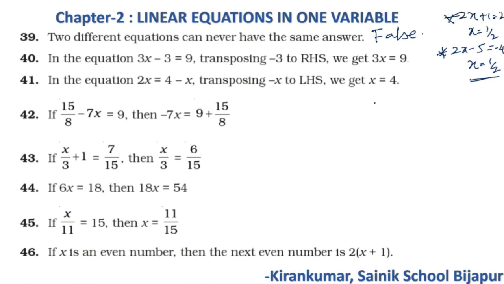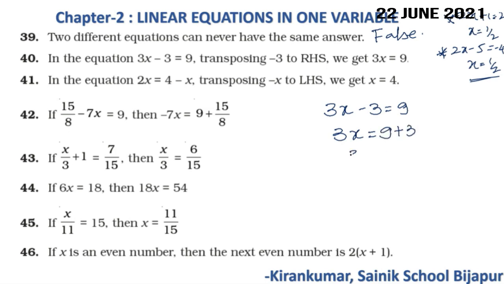Question number 40. In the equation 3x minus 3 is equal to 9, transposing negative 3 to the right hand side, we get 3x is equal to 9. Look at the equation here. It's 3x minus 3 is equal to 9. On transposing this negative 3, we get 3x is equal to 9 plus 3, which is 12.